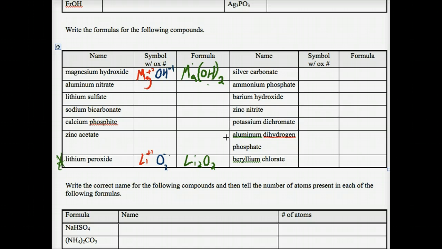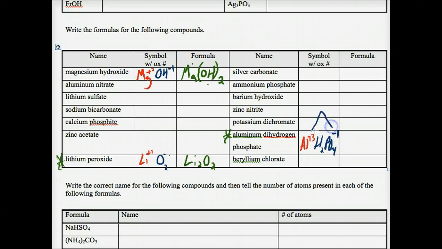Let's do this one. Aluminum dihydrogen phosphate. If I look up my aluminum, it's +3. And dihydrogen phosphate, it really helps when we have all these memorized, is H2PO4, and it's a -1.